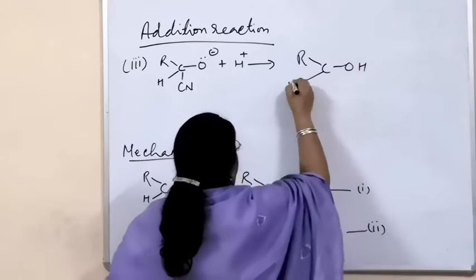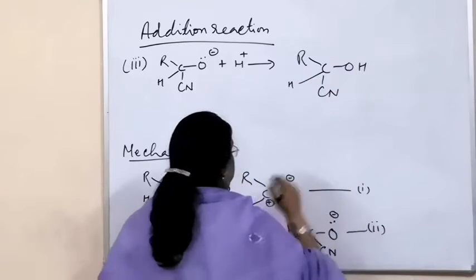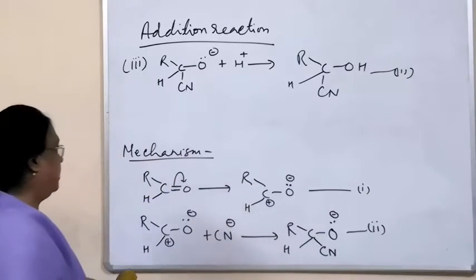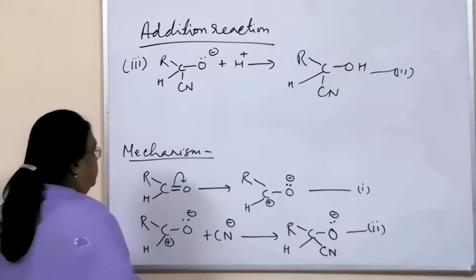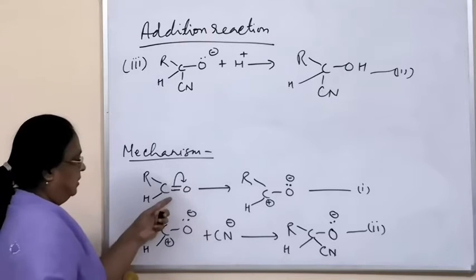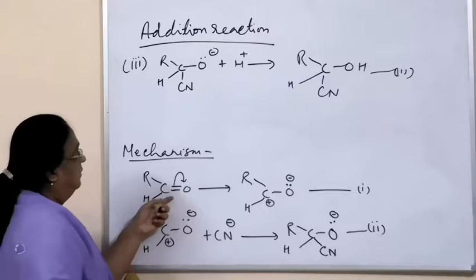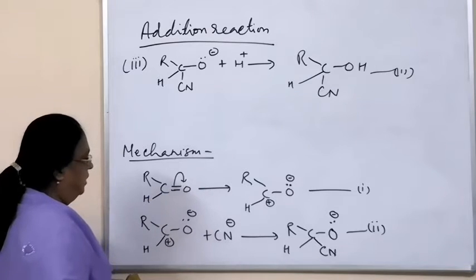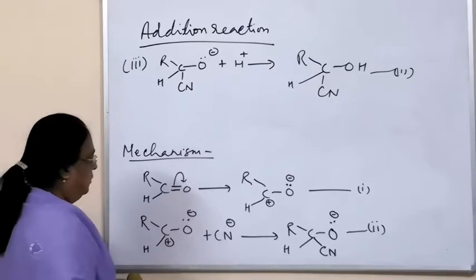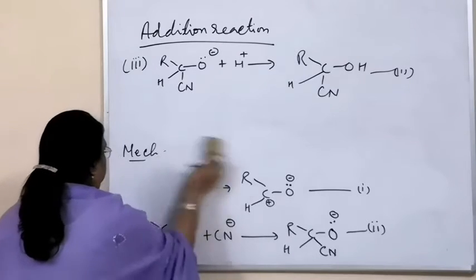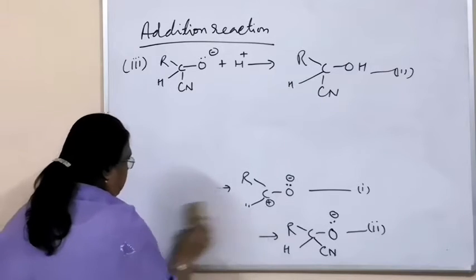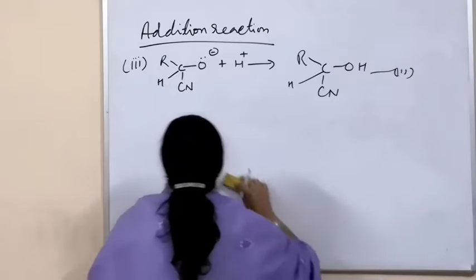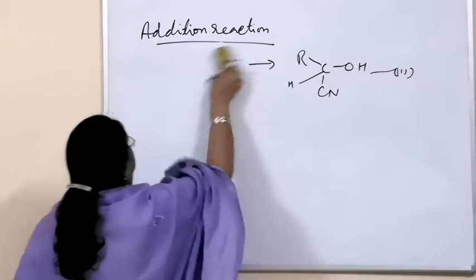OH will be attached, and H is there in CN. So this is your third step. This way you have carried this out, and the important thing to remember is that when an unsaturated compound has a multiple bond between dissimilar atoms, the nucleophile attacks first and the electrophile gets the chance to attack later on.